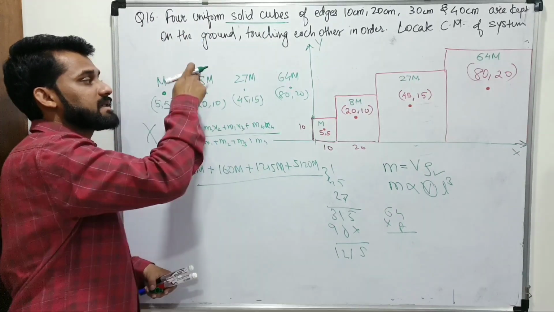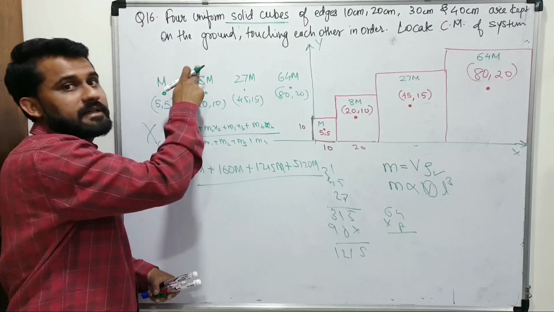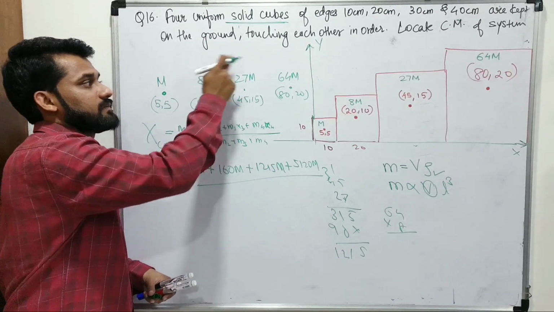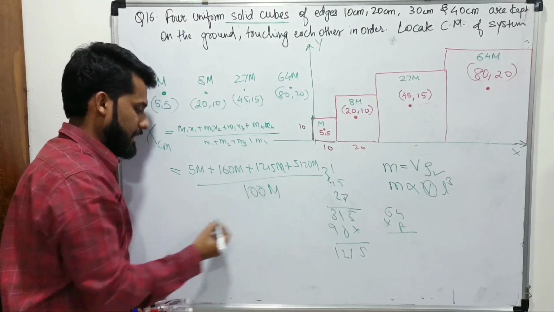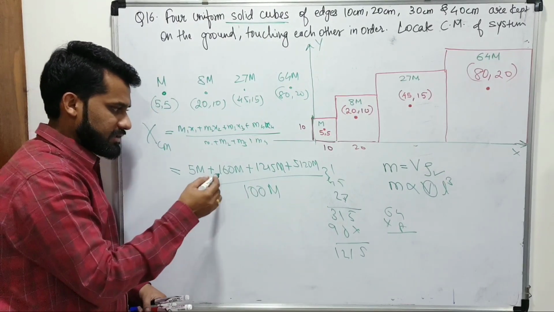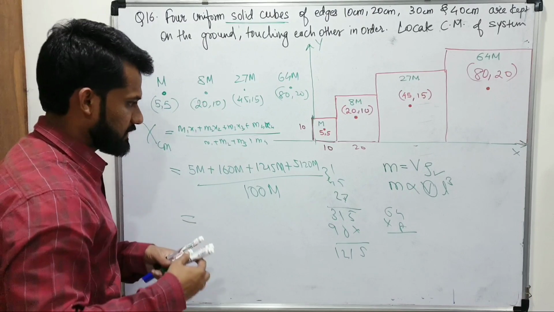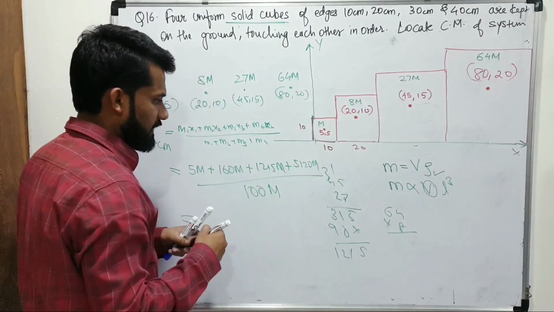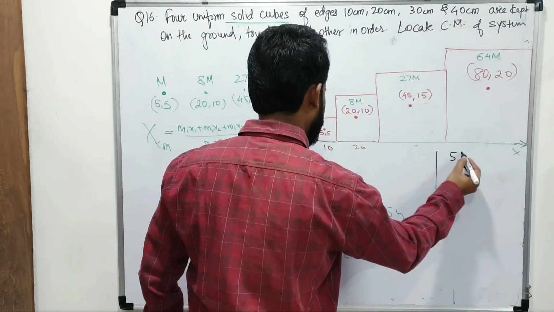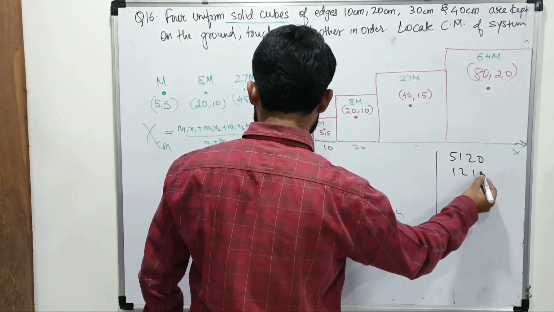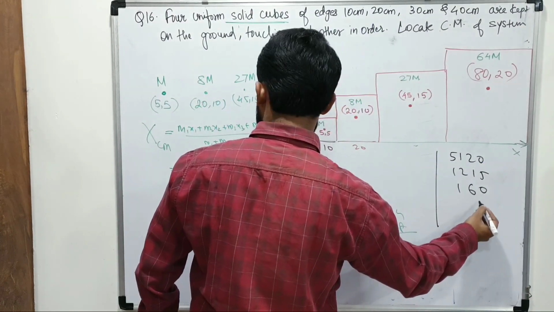What is 27 plus 8? 27 plus 8 is 35, plus 1 is 36, plus 64 is 100m. And now if I add all the numbers, how much will we get? I will add them separately over here: 5120, 1215, 160 and 5.